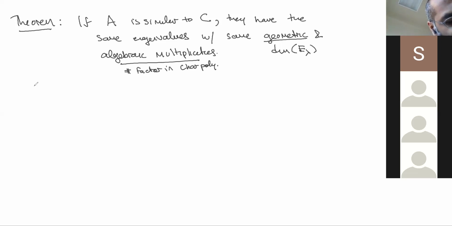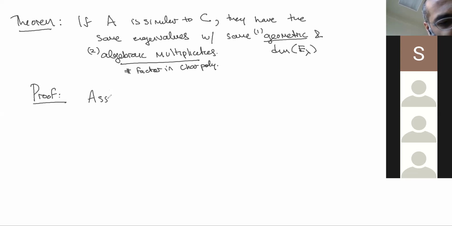So let's see a proof of this. Well, there are two parts. One is geometric multiplicities and second is algebraic multiplicities. So let's see the proof of geometric multiplicities. Well, so again, the assumption is, let me erase this.